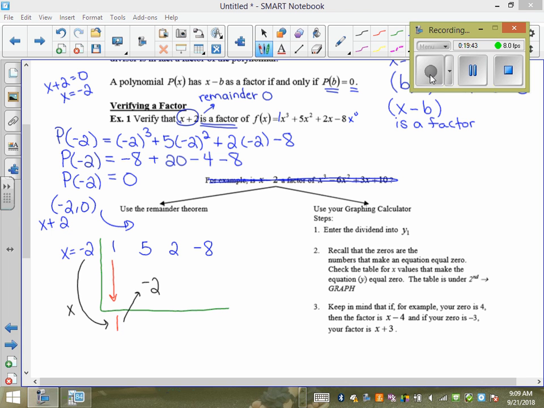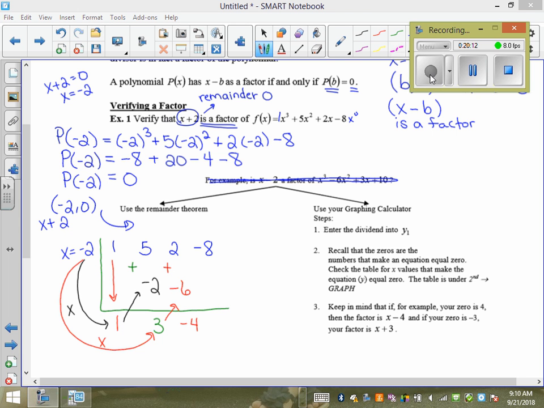And now I've multiplied, so I'm going to add. 5 plus negative 2 is 3. And then because I've now added, I'm going to multiply. Negative 2 times 3? Negative 6. And because I now multiplied, I'm going to add. 2 plus negative 6 is?